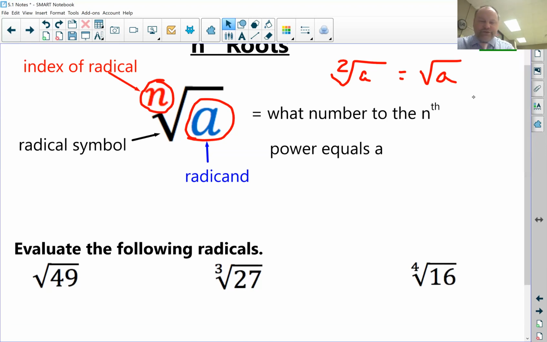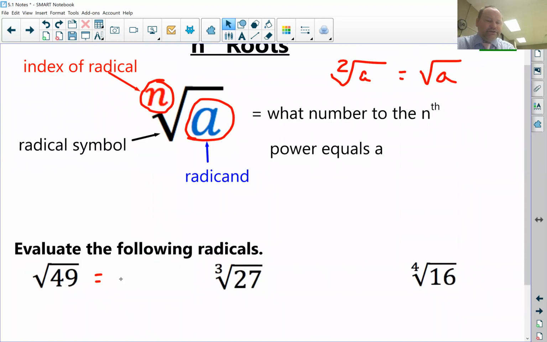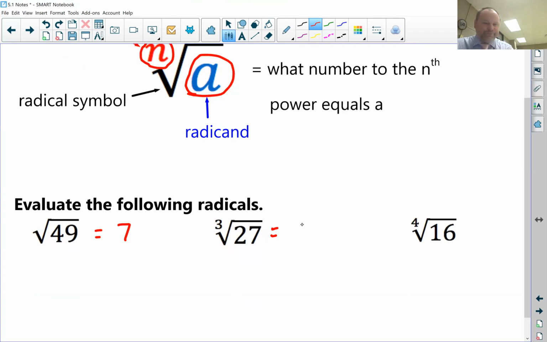So some examples here, the square root of 49, because it's not positive or negative, it's just going to be 7. The cube root of 27 is 3. So what these mean, this means 7 squared is 49. This means 3 to the 3rd power is 27.